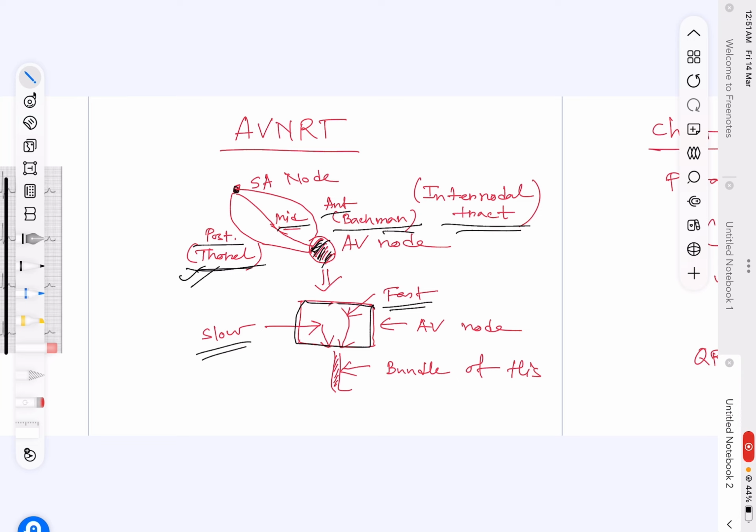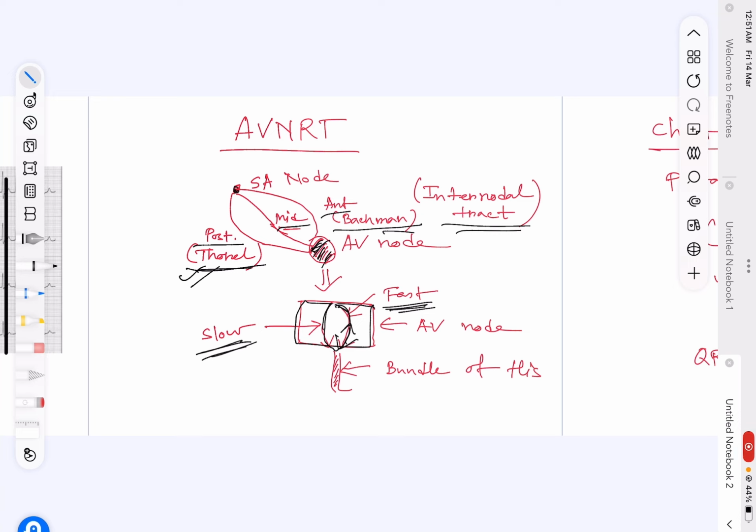So what happens is, here the signal is coming from both the fast and the slow pathways. But because the signal from the fast pathway comes faster, what happens as a result? The signal which comes from the slow pathway goes back to the fast pathway.